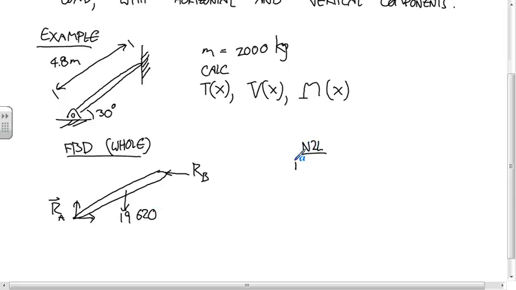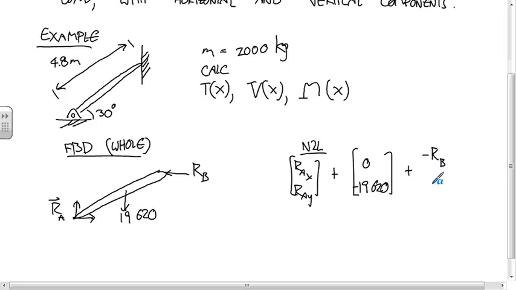Newton's second law says RA plus 0, negative 19,620, plus negative RB, 0 is equal to zeros.